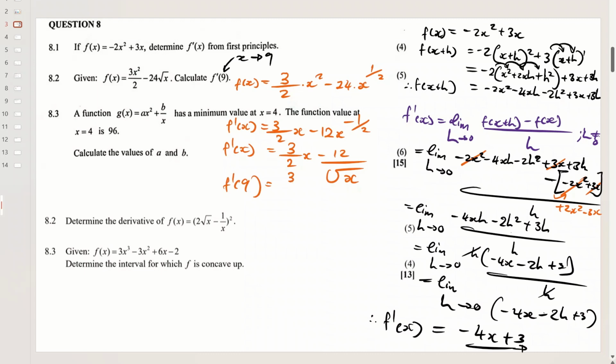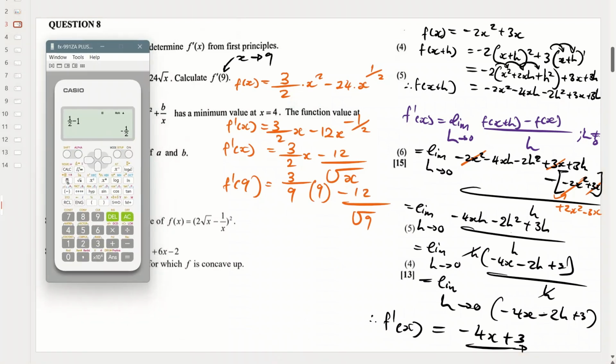So you just make the substitution, replace everywhere there is x with 9. So minus 12 all over the square root of 9. So this is 3 all over 2 multiplied by 9 minus 12 into the square root of 9.